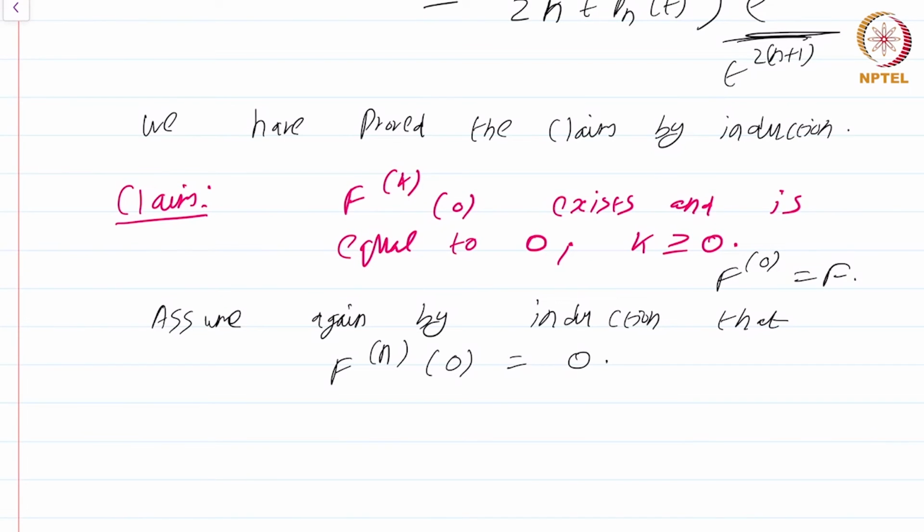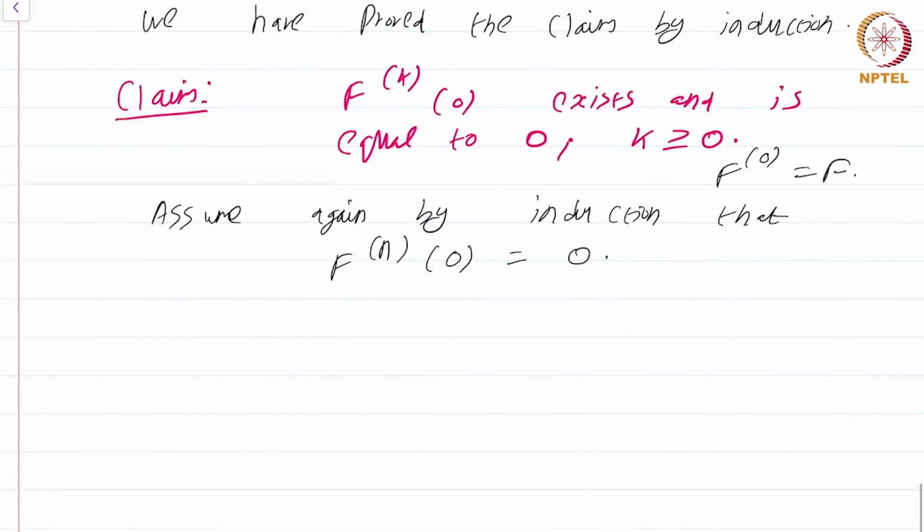So we are taking fn of 0, and we are assuming that it is 0, and we want to compute the n plus 1th derivative of f at the origin. Again, what you do is, this is nothing but the limit as t goes to 0 plus of fn of t minus fn of 0 divided by t.